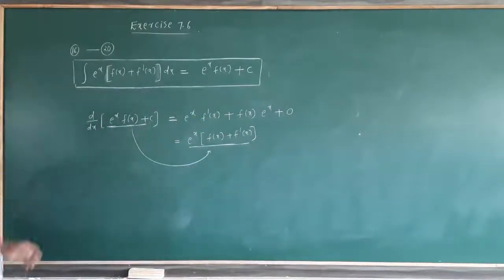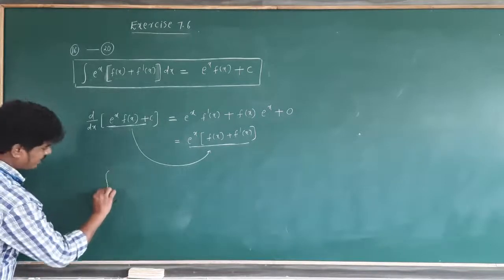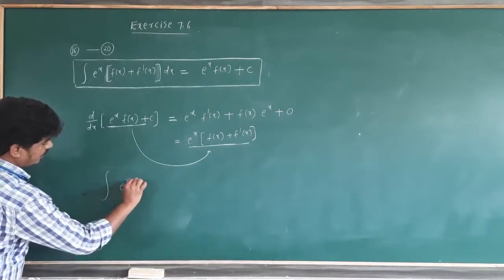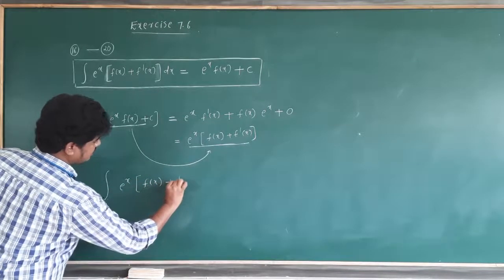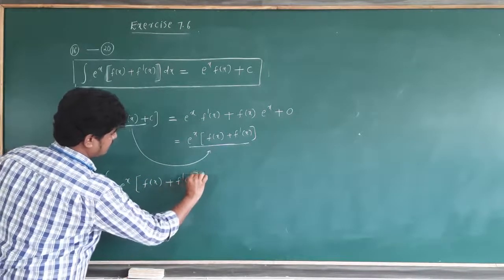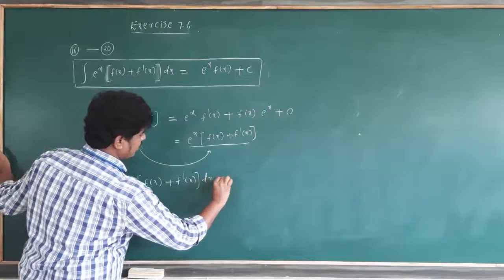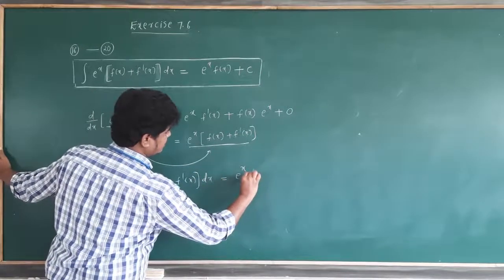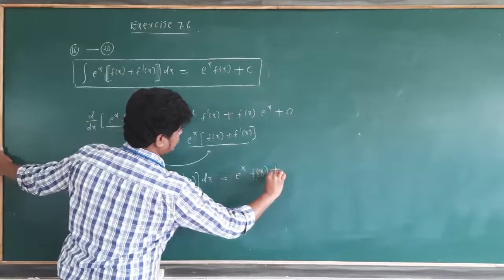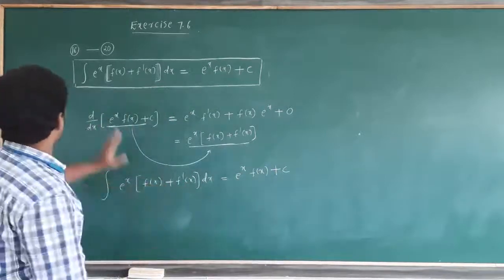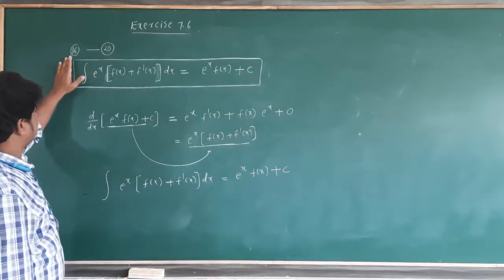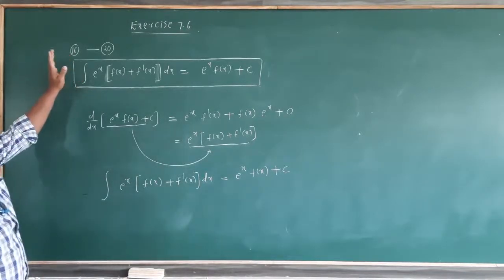So finally, once again I am writing, integral of e to power of x into f of x plus f dash of x dx is equal to e to power of x into f of x plus c. On this formula we have six problems. We will do those.